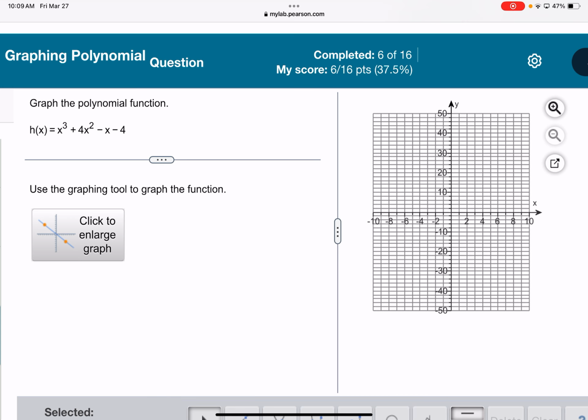So the degree is 3, right? Which is odd. And the leading coefficient is a positive 1, because that's what number is being multiplied by the x cubed. So this is positive.